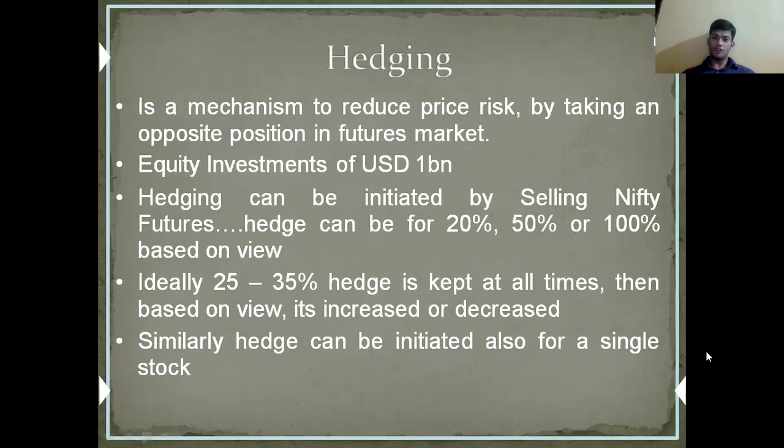For example, with an equity investment of 1 billion US dollars, hedging can be done by selling Nifty futures. Hedging can be 20, 50 or 100% based on view. Ideally 25 to 35% hedging is kept at all times, then based on view it is increased or decreased.